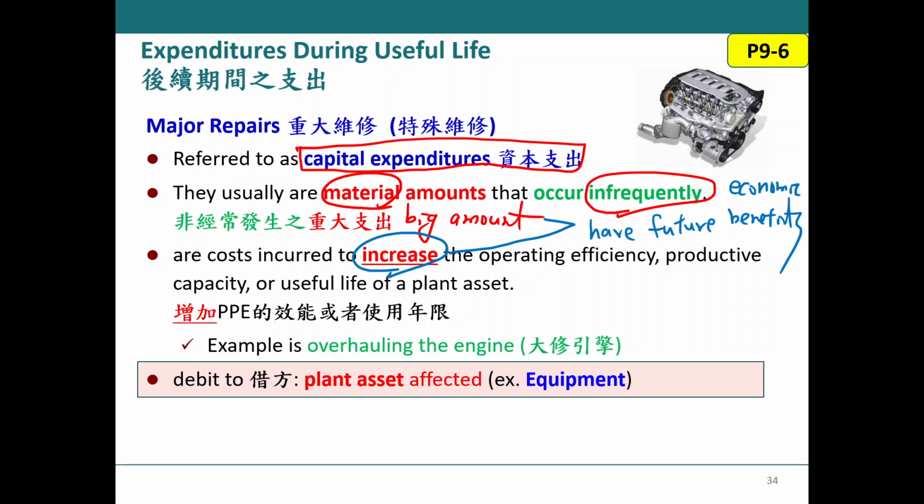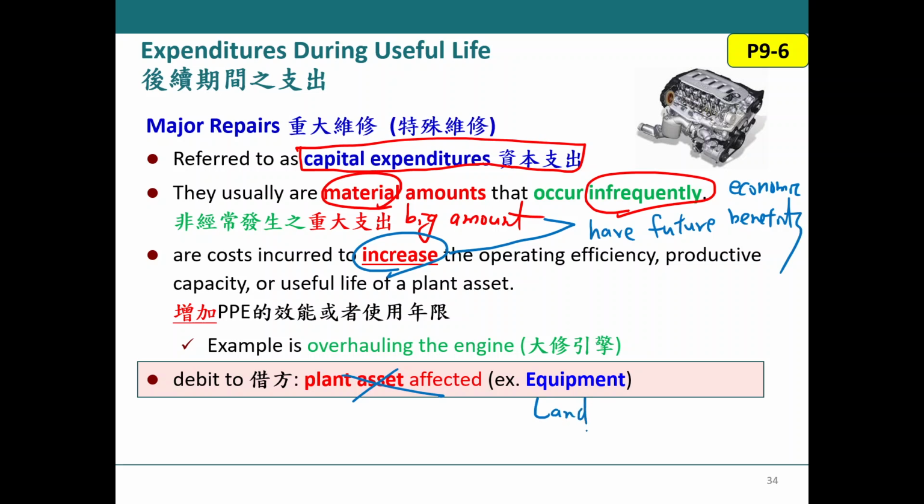But remember, here it told you plant asset affected. Just telling you if you spend money on land, then you should use which account? Land. If you spend the money on equipment, then you should write down equipment. Okay. Don't write down plant asset affected. Okay, that only describes which account you should use. Okay, it's like what?